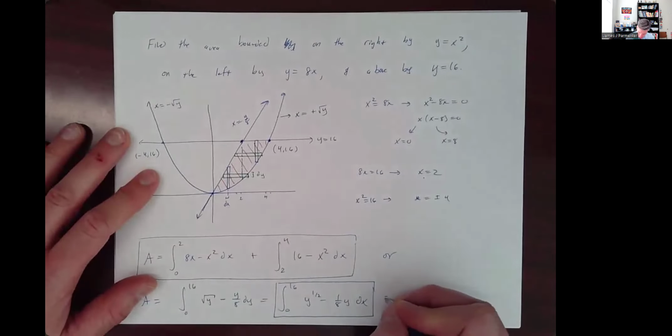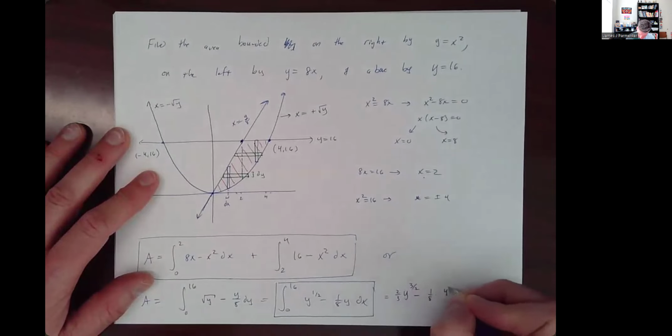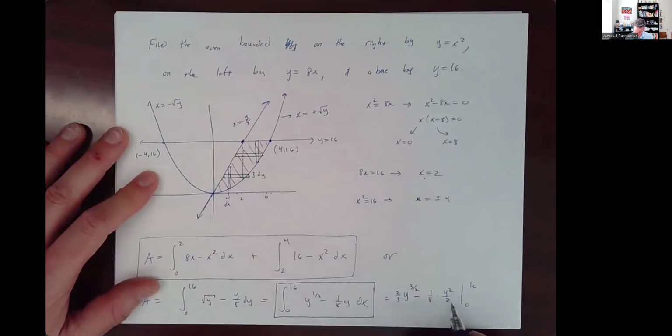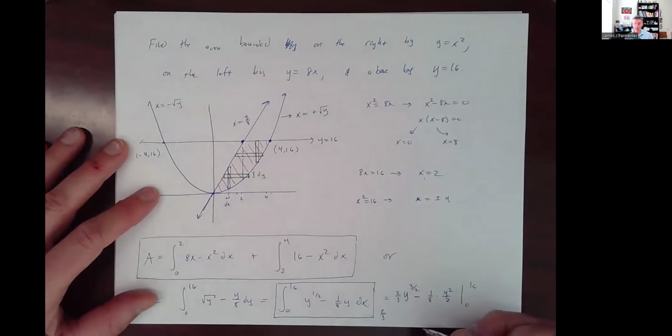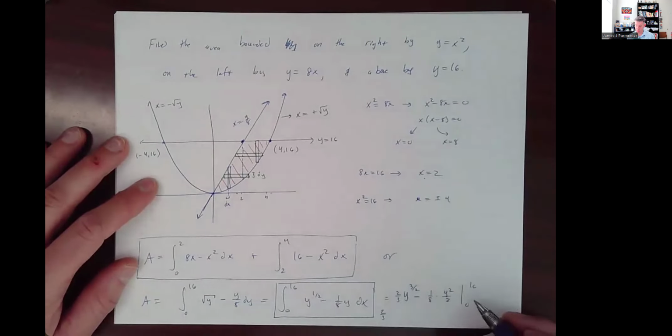So if we integrate this real quickly here, the integral of y to the 1/2 is y to the 3/2 divided by 3/2, times 2/3, minus 1/8 times y squared over 2. Numbers are not going to be nice. So if we plug in 16, we get 2/3 times 16 to the 3/2, which is the square root of 16 cubed. So that's 4 cubed, which is 64.